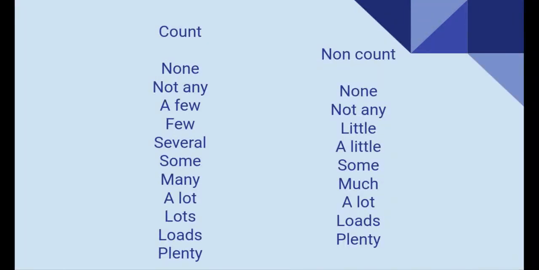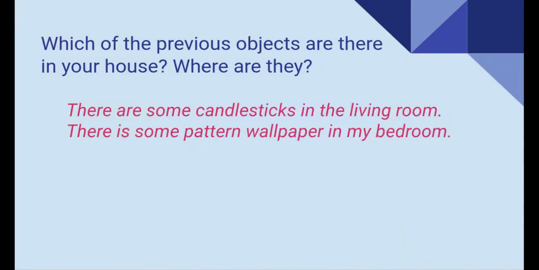What I want you to do now is to please write sentences about you. Which of the previous objects are there in your house? Where are they? For example, I wrote, there are some candlesticks in the living room, there is some pattern paper in my bedroom. So choose the previous objects with some quantifiers to write at least 10 sentences. Pause the video, please.